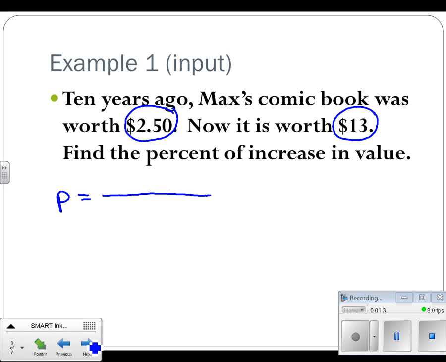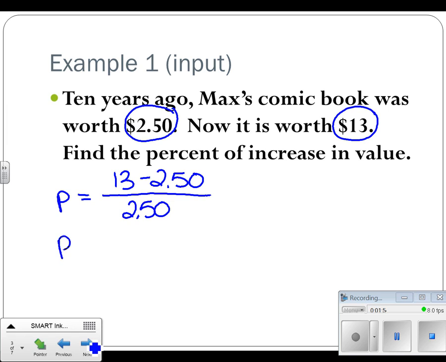We're going to put the greater of those two values first and subtract the smaller one. So it's going to be $13 minus $2.50. And then we're going to divide that change by the original amount. That comic book was originally $2.50.